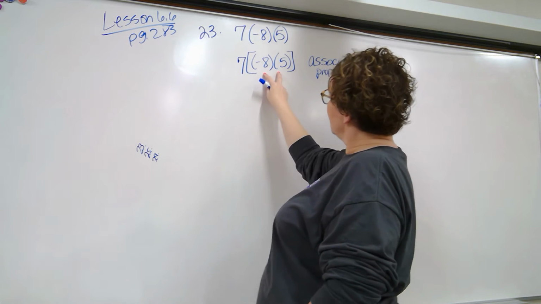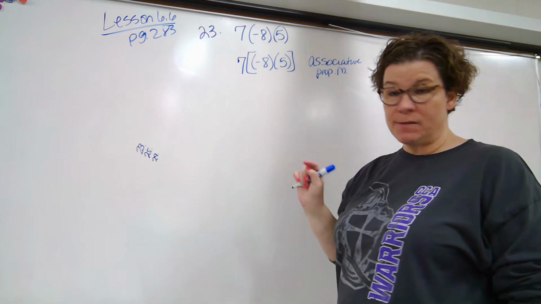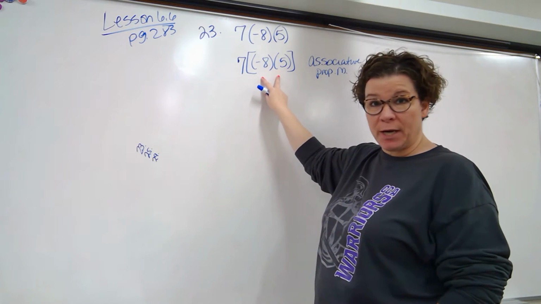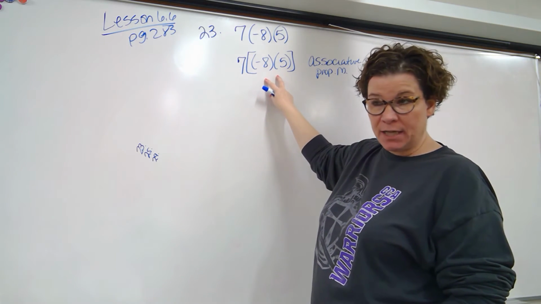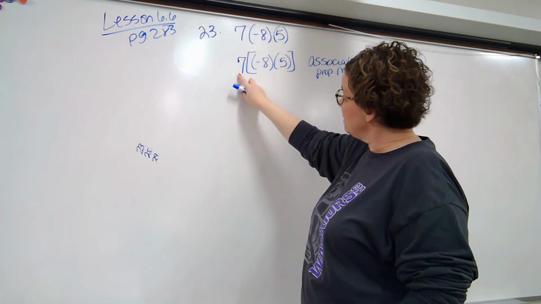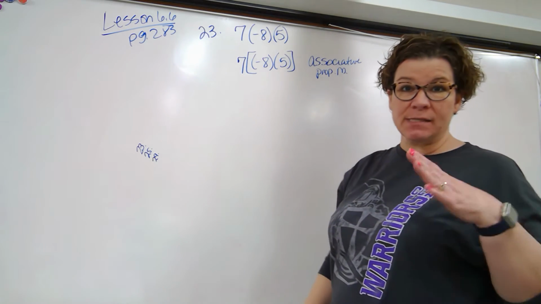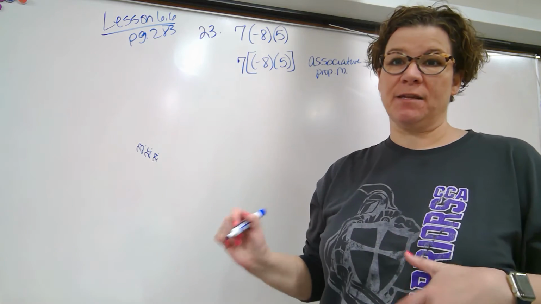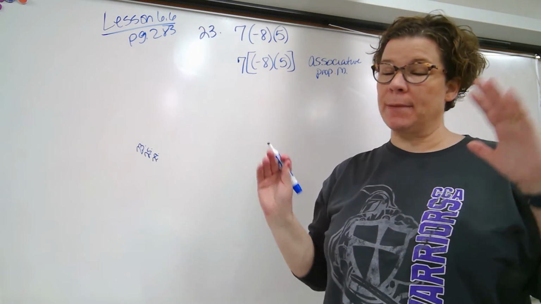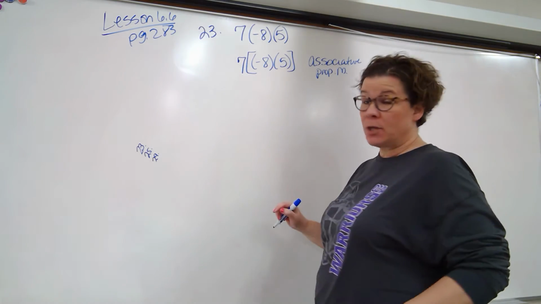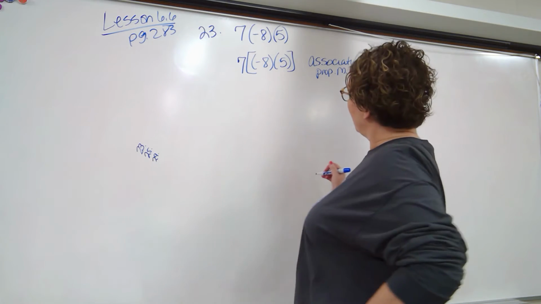I'm going to group these two together because mental math tells me that is going to give me a nice round number, 8 times 5, which is going to be easier to multiply by that 7, because 7 times 8 is 56, and then 56 times 5 is a whole nother mess. This way you ought to be able to do it in your head.